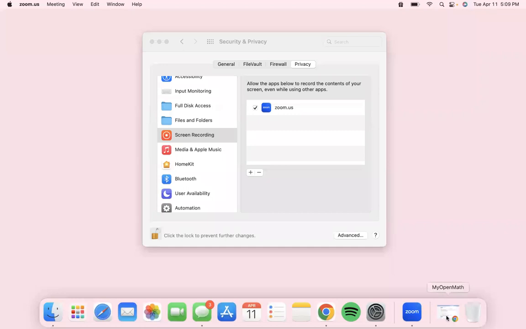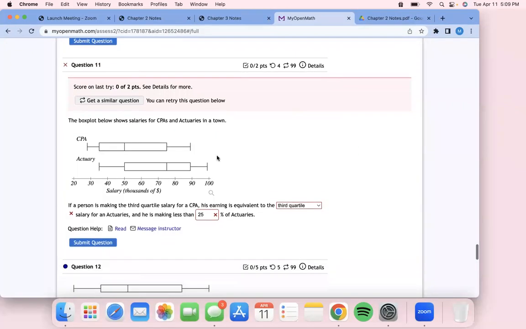Yeah, for some reason it's not letting me record my screen. Oh, never mind. Oh, you got it? Yeah, I found the share screen. Oh, there we go. Yeah, this is perfect.